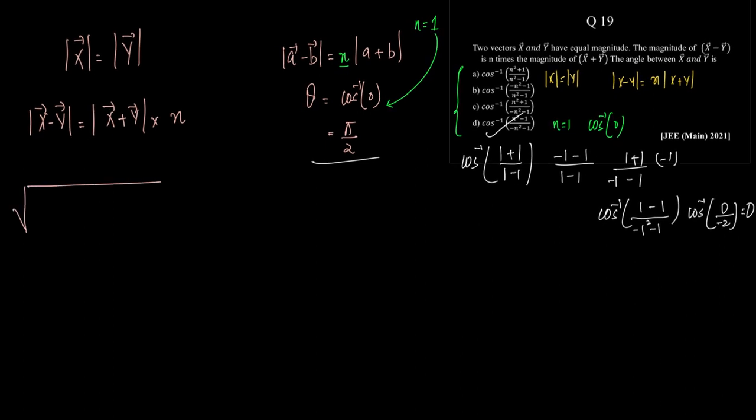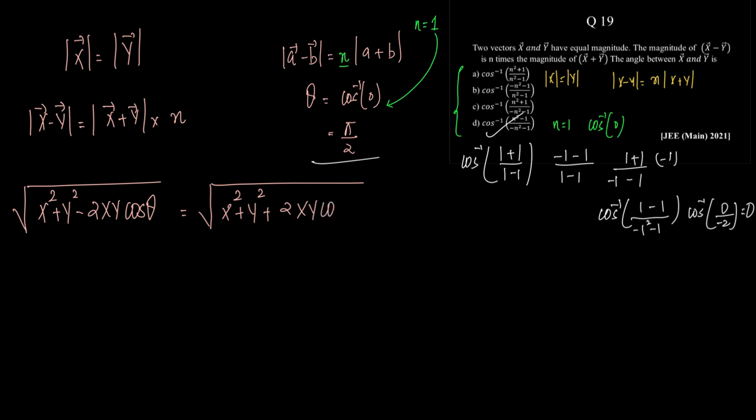We know that it is root of x square plus y square minus 2 into xy cos theta, which is equal to, what is modulus of x plus y? It is root of x square plus y square plus 2 into xy cos theta, into n.